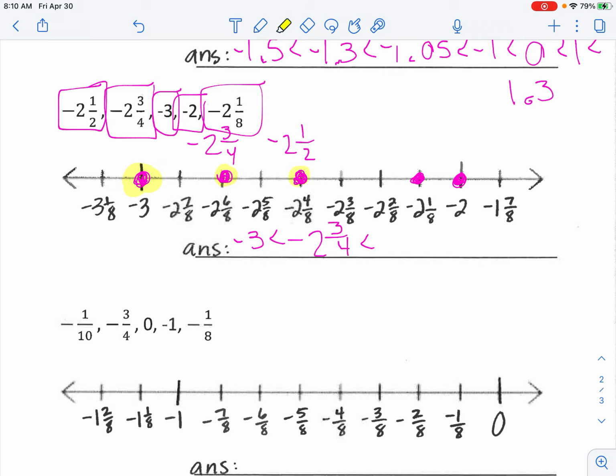Keep moving from left to right, and that was negative 2.5, is less than. Keep moving to the right, negative 2 1/8 is less than negative 2.